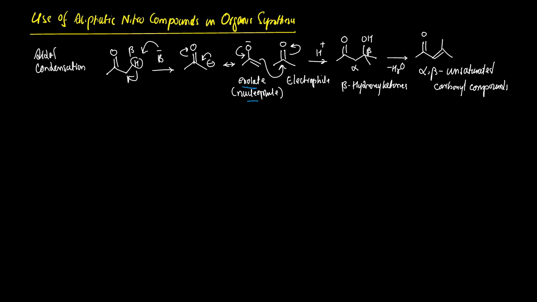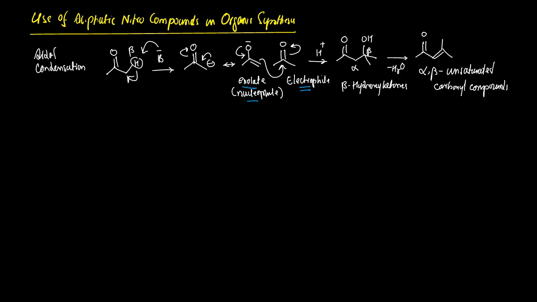So the neutral molecule acts as an electrophile. As a result, we get a beta hydroxy ketone, which is ultimately dehydrated to an alpha beta unsaturated carbonyl compound.